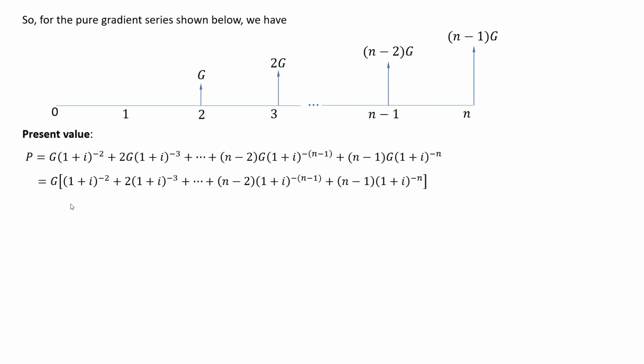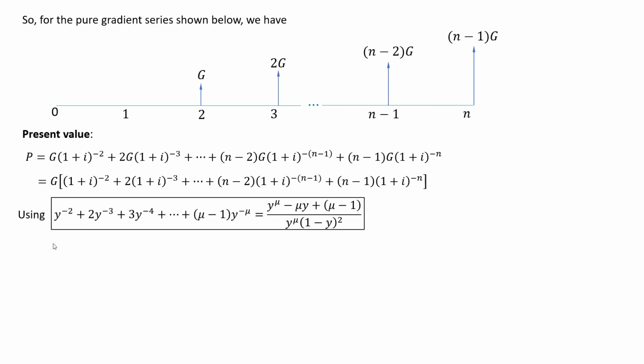Now, if I factor out a g from every one of them, would you agree that the stuff inside the square brackets looks like y to the negative 2 plus 2y to the negative 3 plus 3y to the negative 4 and so on, all the way up to mu minus 1 y to the negative mu, right? And we know the formula. So once you know that, what is y? That's the key. The role of y is being played by 1 plus i. So that's why I'm saying 1 plus i.